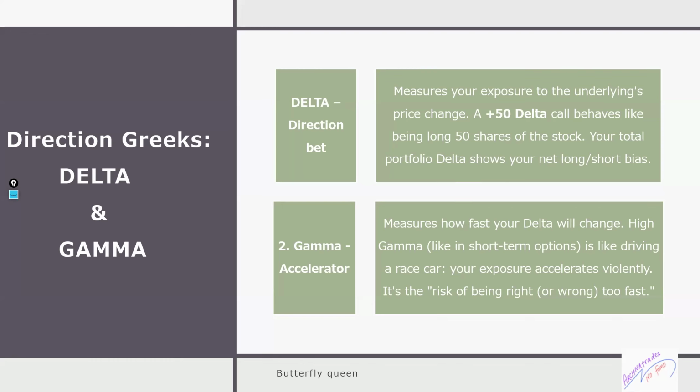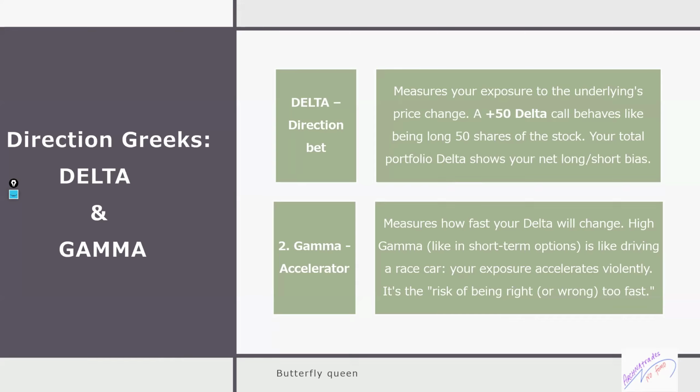That's one way of thinking about your delta. If you buy a 50 delta call, if the stock goes up $1, theoretically your option should go up 50 cents. If the stock goes down $1, theoretically you lose 50 cents, right?